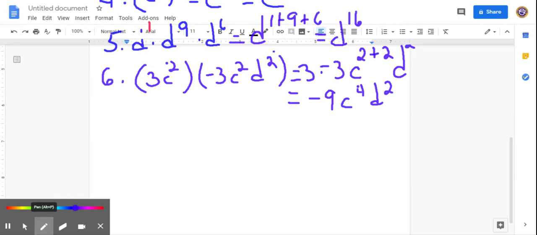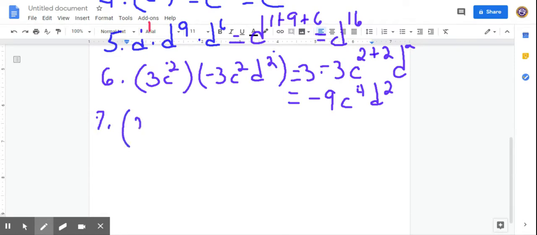Number 7 is the one that has the most work. Okay, you have different sections that you're going to have to do here. So you have 2q r to the fifth, quantity cubed, times q r to the sixth power.